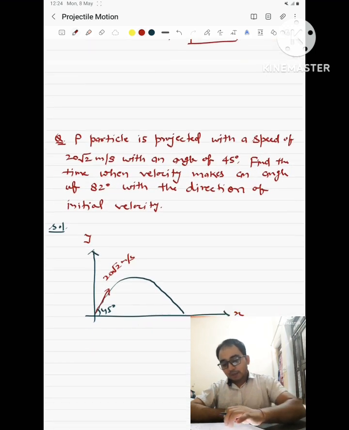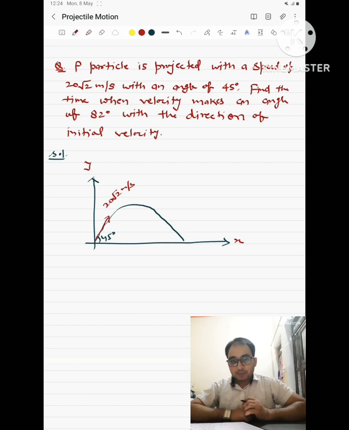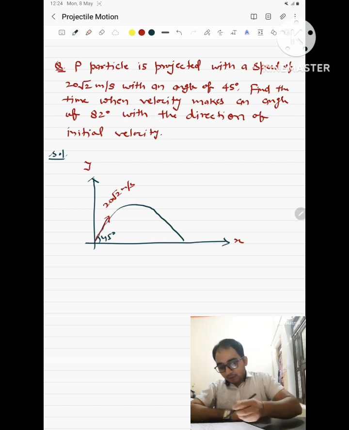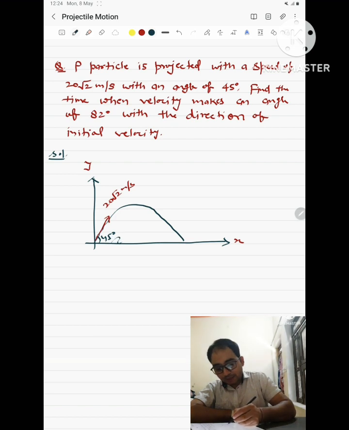Now next, take an example. A particle is projected with a speed of 20√2 meter per second at an angle of 45 degree with the horizontal. Then find the time when the velocity makes an angle of 82 degree with the direction of initial velocity. So here a particle is projected at an angle 45 degree, so we can resolve this initial velocity along the x-axis and y-axis.